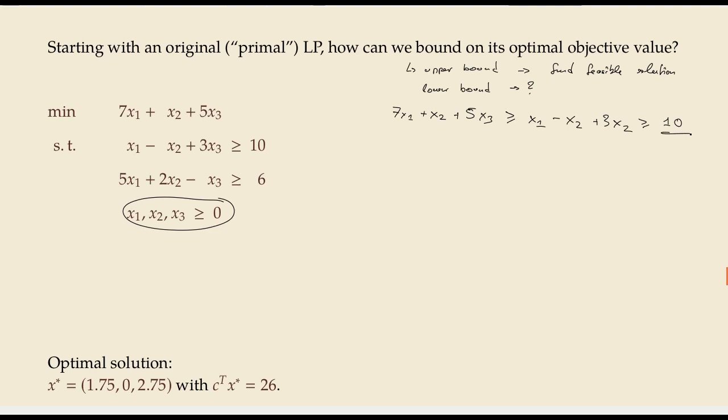And just to reiterate, because the x's are non-negative, we can make the coefficients smaller and still obtain a bound in that direction. And we have to make them smaller in a creative way so that we match one of the constraints. Well, we could do the same thing with the other constraint.